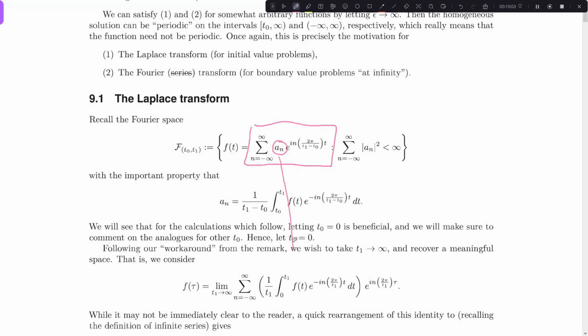I'm plugging the specific expression for a in there, keeping everything else the same, and letting t0 become 0. That's why my denominators have shifted to just t1, and my upper integral bound has also shifted to t1. Once I do that, what does this expression turn into as I shift t1 here, here, here, and here all the way out to infinity?